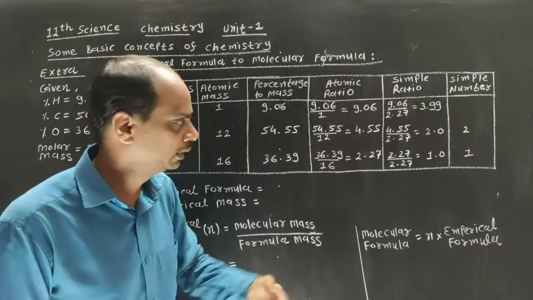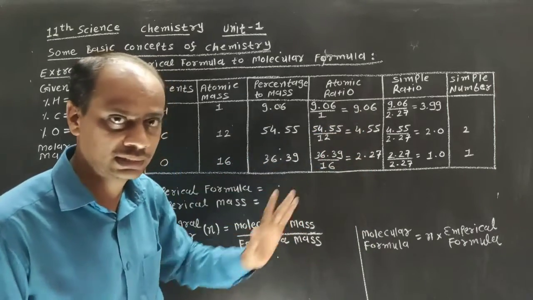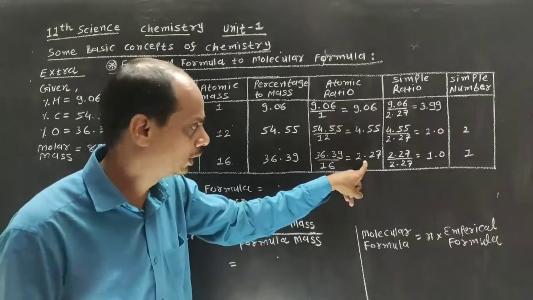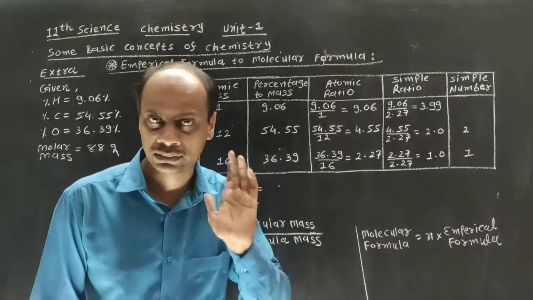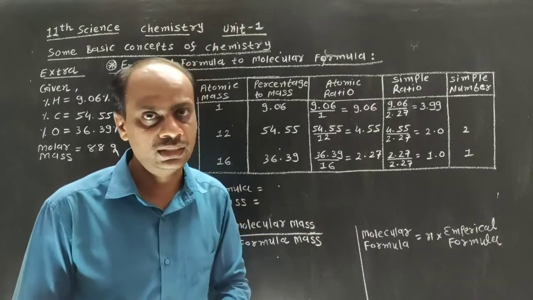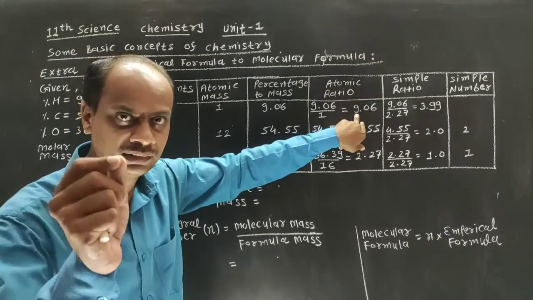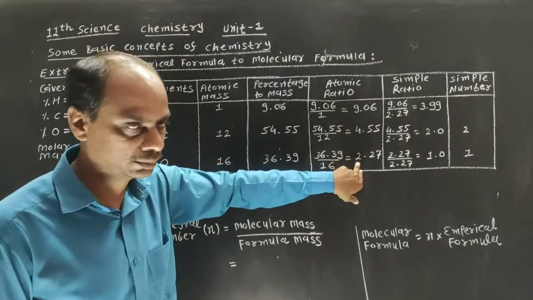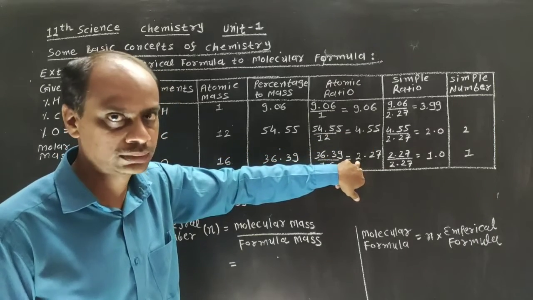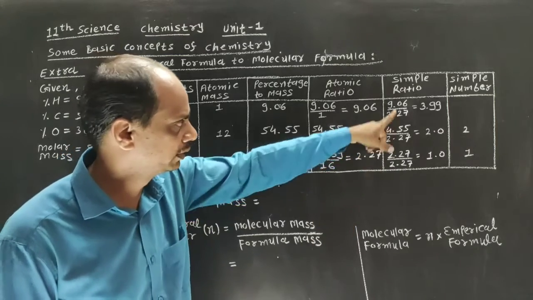So, simple ratio. How can we obtain a simple ratio? As I told you earlier, all these 3 answers are different, and you have to concentrate on the smallest answer. 2.27 is the smallest answer. Then 9.06 is divided by 2.27, 4.55 is divided by 2.27, and 2.27 is divided by 2.27.